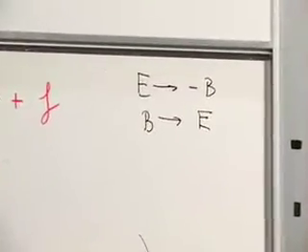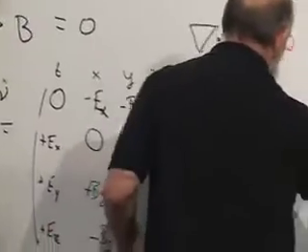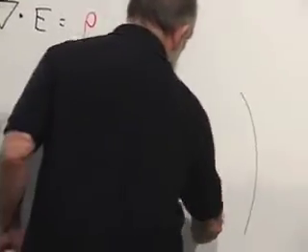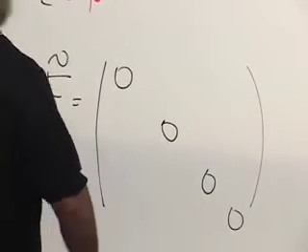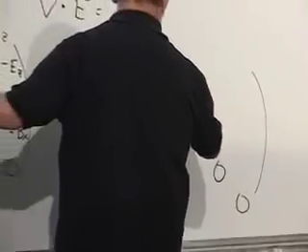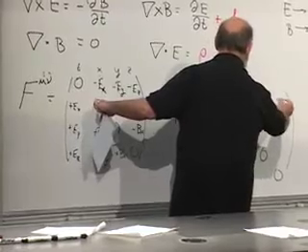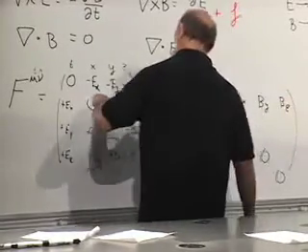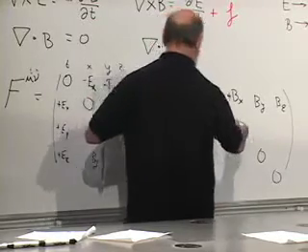So F twiddle, the other electromagnetic field tensor, again has 0 on the diagonals, and then plus B sub x, B sub y, and B sub z. And then wherever we see magnetic, we put back electric.